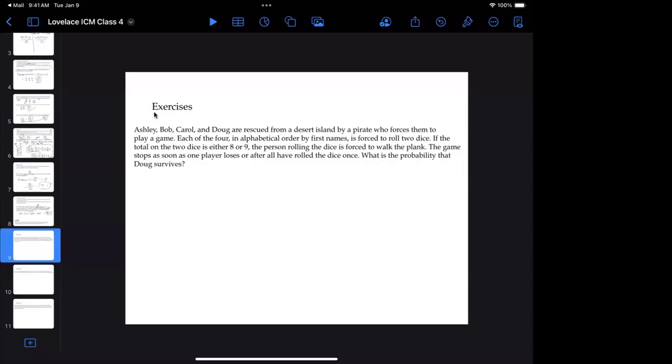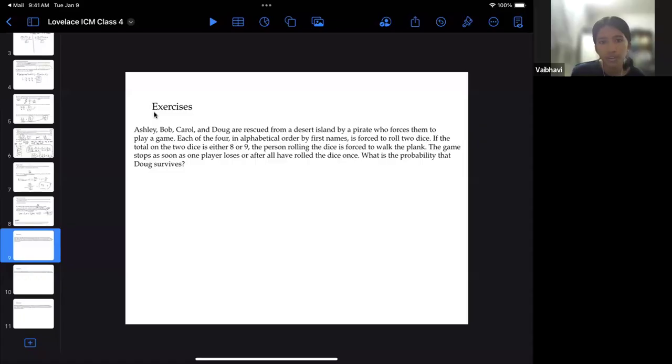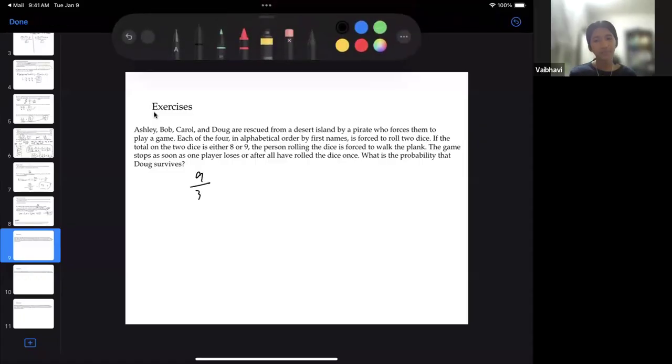Great, great, yes. But they're doing it alphabetically. And the probability that all of them roll the dice once would be 3/4 times 3/4 times 3/4.